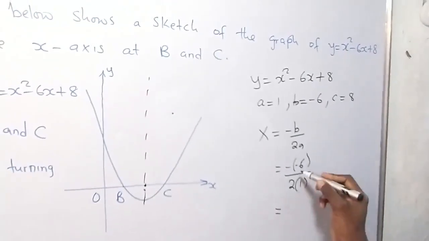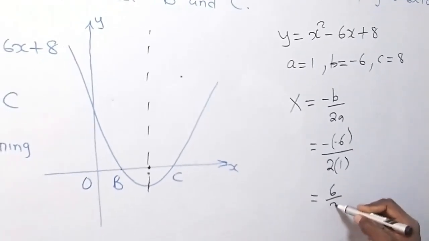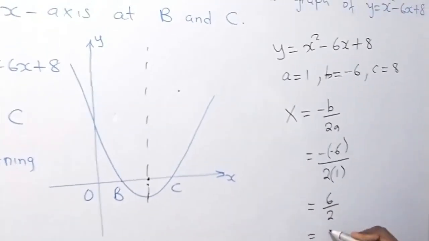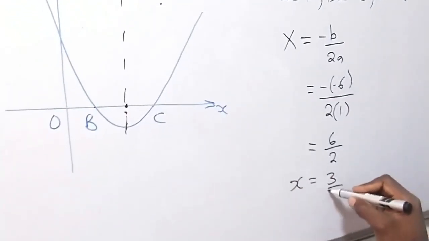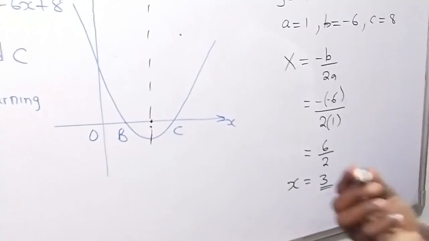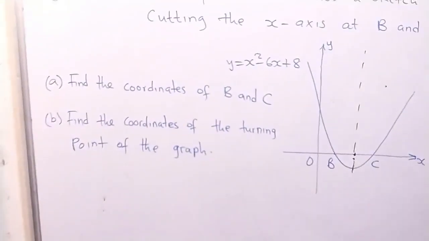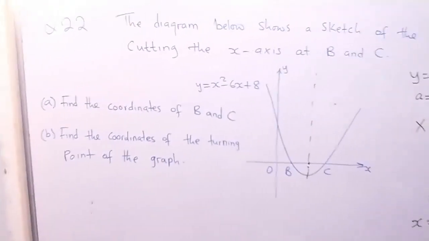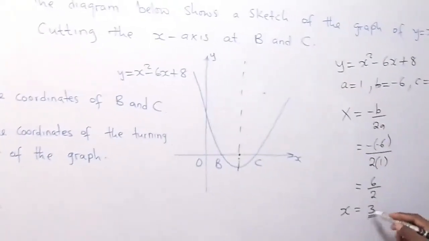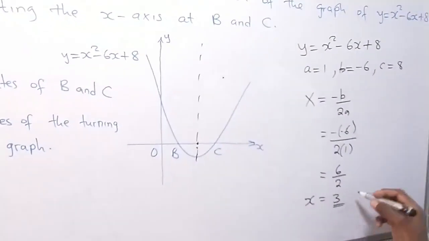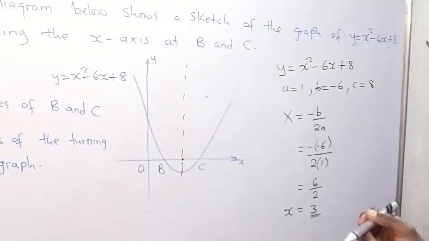That gives 6 over 2, which is 3. So this is the value of x. Since we are asked to calculate the coordinates, we need to look for the value of y so that we have a complete coordinate. After finding the x value, we replace it in the original equation for y.